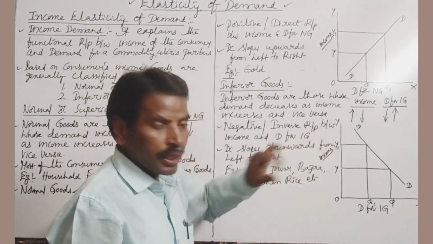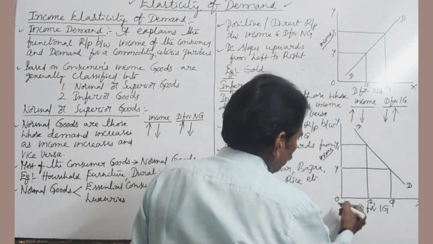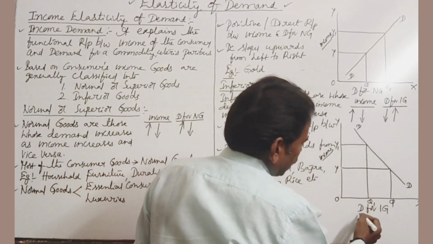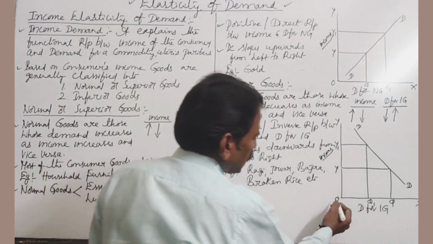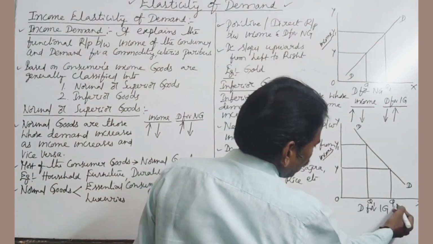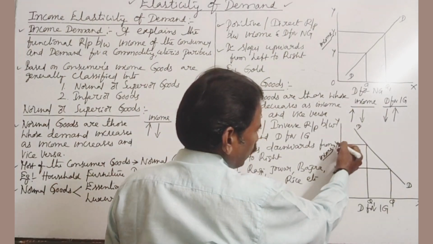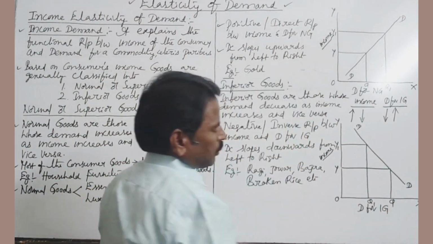If we observe the diagram, draw an L shape, mark YOX. Income is measured on the Y-axis and demand for inferior goods is measured on the X-axis. Original income is OY, original quantity is OQ. If income increases from OY to OY1, demand decreases from OQ to OQ1.